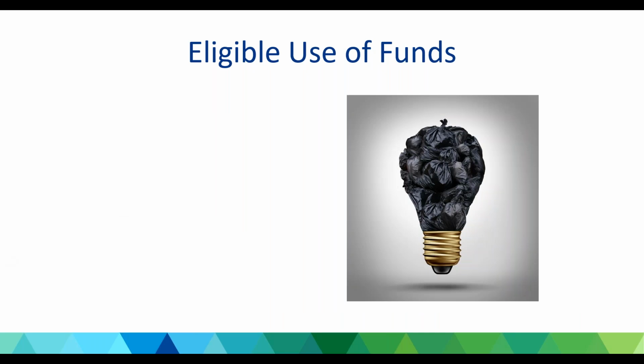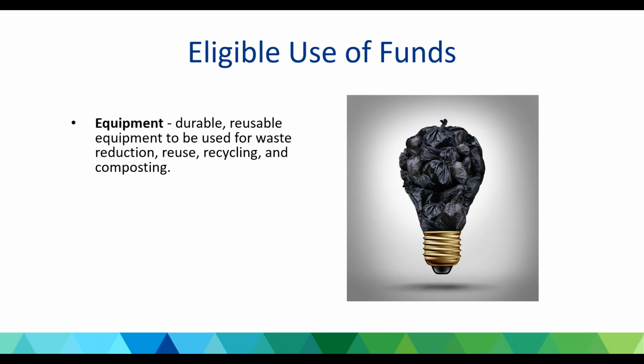So moving on to the eligible use of funds, this starts at the top of page 3 in the handout. This section of the application provides guidance and examples of acceptable uses of grant funding. Funding requests can be made for equipment, supplies, and/or professional services. Eligible items can include, but are not limited to, the following. Durable, reusable equipment to be used specifically for waste reduction, reuse, recycling, and composting.